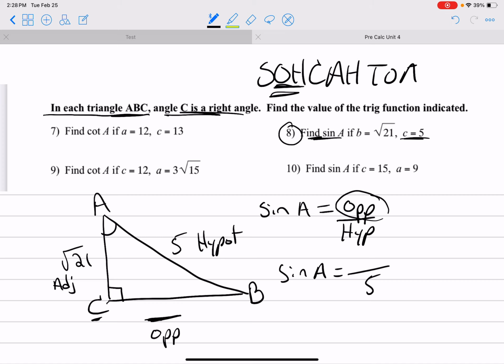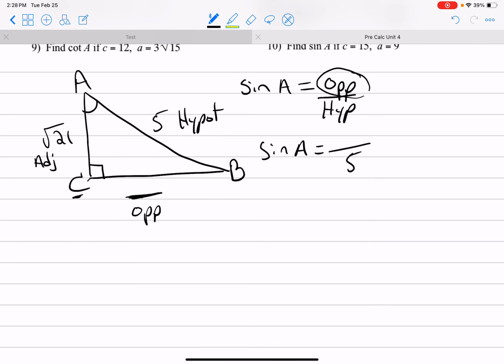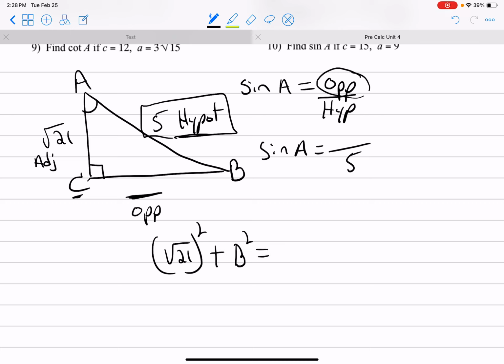Again, a squared plus b squared equals c squared. So, remember, hypotenuse is always c. So a squared, square root of 21 squared, plus b squared equals c squared, 5 squared. C is always the hypotenuse.